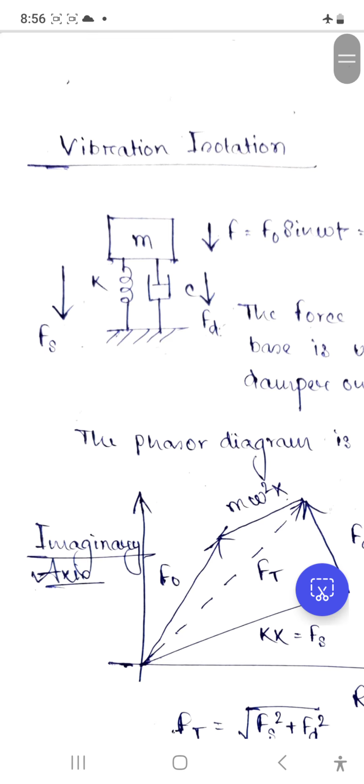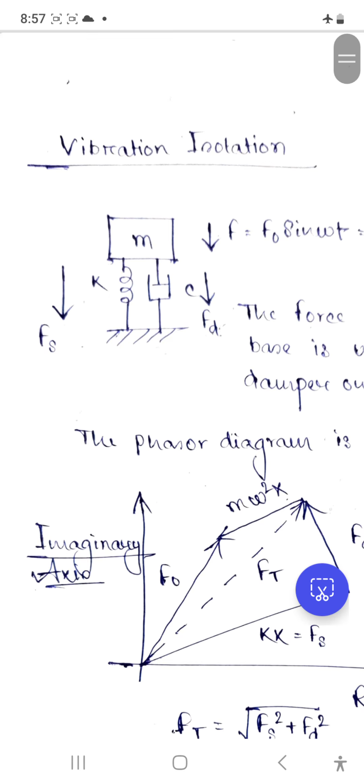Another thing is, if I am transmitting this force, whatever is exciting this mass is getting transmitted to the base which is attached to it. So in one case the requirement is to keep the base safe from the vibration, and in the other case, if something is vibrating, we ask how much force is transmitted to the other device attached to it.